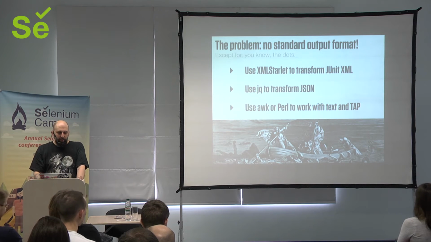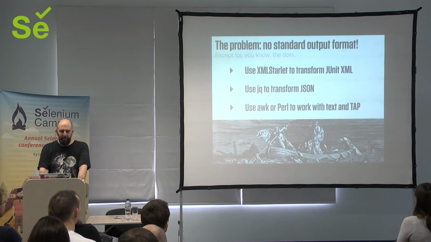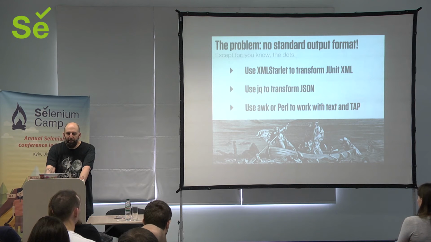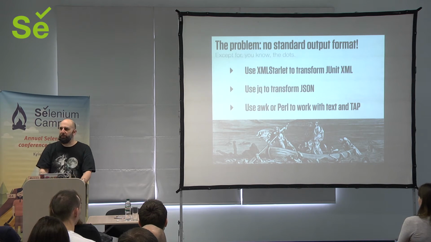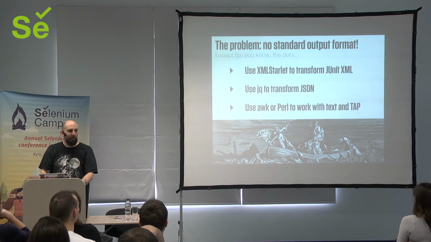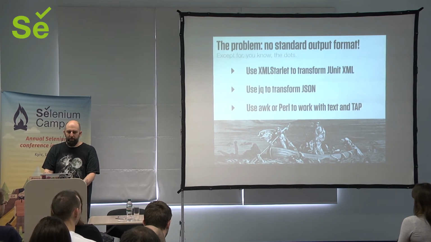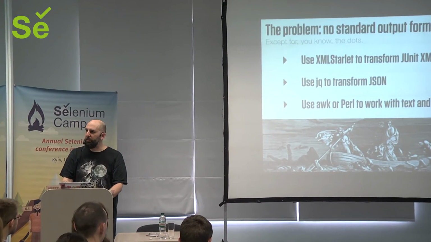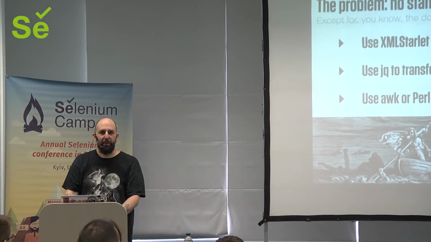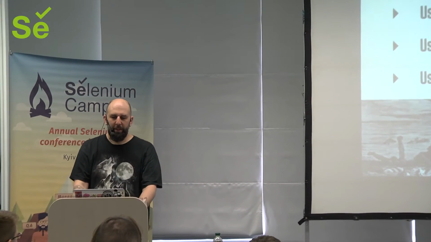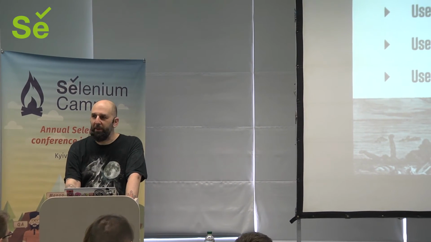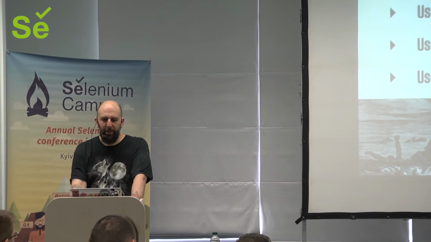So I'm not going to go into these in detail. I think I talked about these a lot yesterday in my talk. But these are some tools to Google if you're not familiar with tools to transform these formats. XML Starlet is old and uses XSLT, but that's XML for you. It's the best way I've found to work with XML.